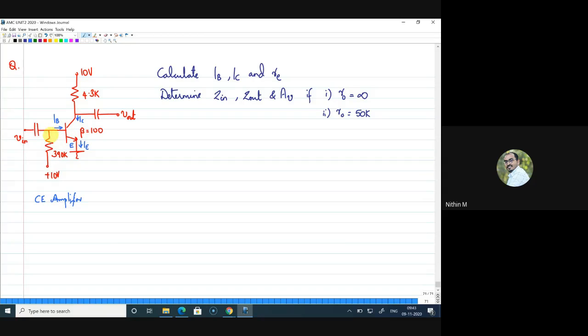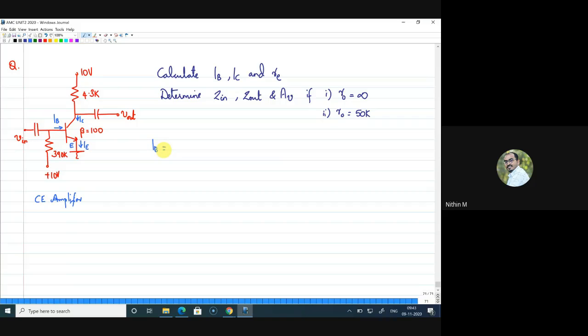Base is also connected to a voltage of 10 but through 390k. So I'll assume that the collector base junction will be reverse biased. For the collector base junction to be reverse biased, the voltage difference can be as small as 0.4 or 0.3. Then also we can say that those junctions will be reverse biased. If that is the case, first I'll find IB.